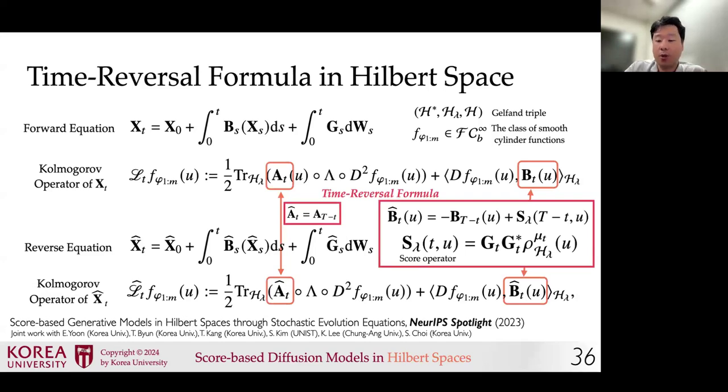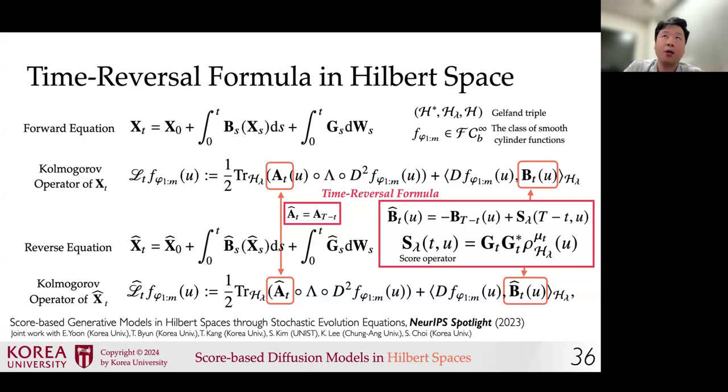And in this paper, we explicitly derive a time reversal formula in the Hilbert space, so that the drift terms and diffusion terms of the forward and reverse stochastic evolution equations are connected through the score operator, which is defined by the G_t operator in the stochastic integral and the vector logarithmic derivative term, rho mu_t H lambda, here.